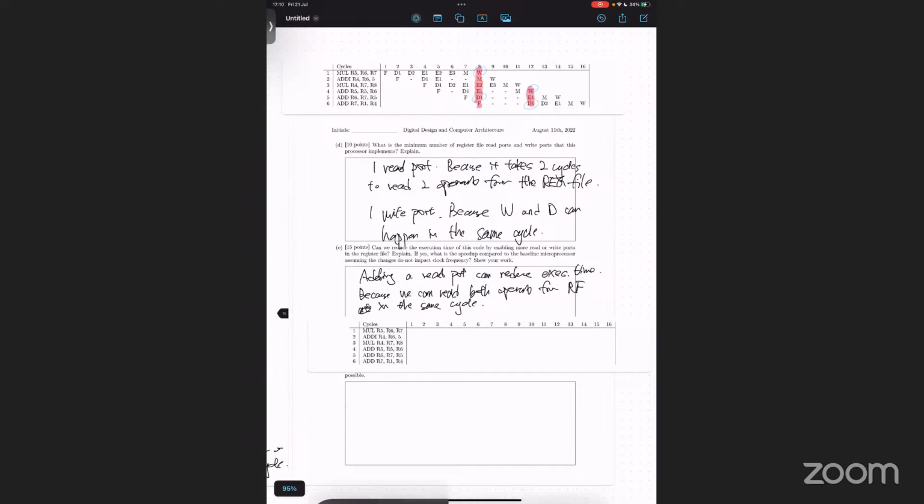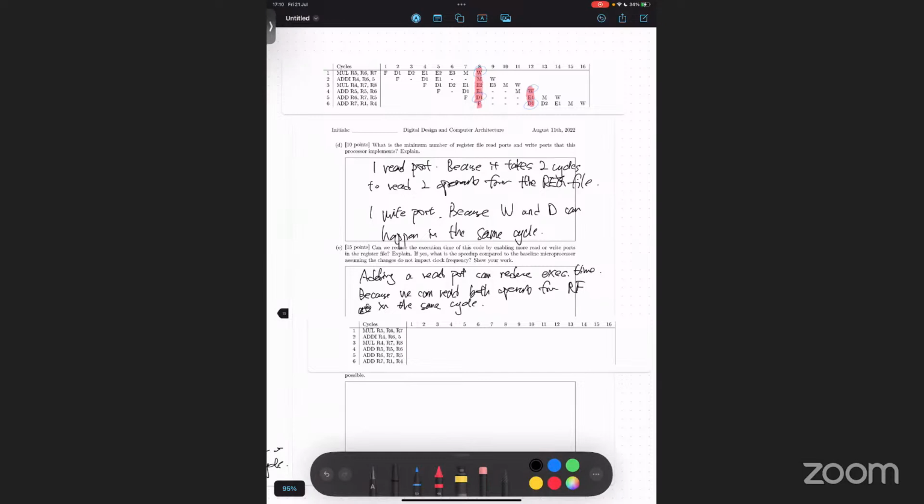So what we can do here is just merge all D1, D2s into, let's say, D1, and let's write down this pipeline diagram. D1, D2 will become just D.